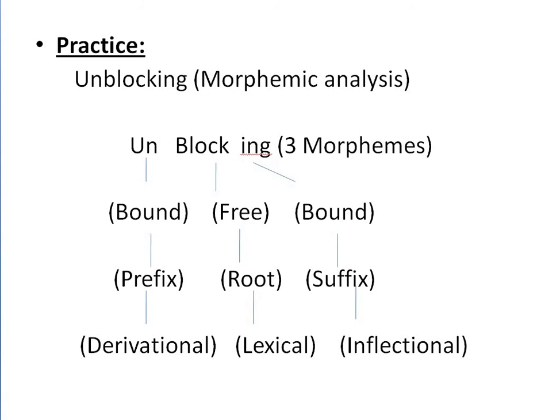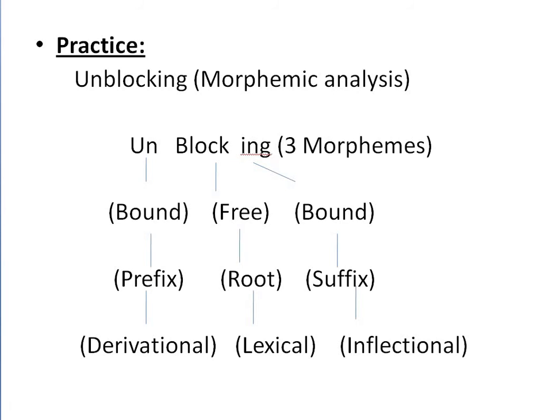Then the morphemes are divided into free or bound, and then what type of free and what type of bound. Now we are going to divide it into the affixes: un, block, and ing.